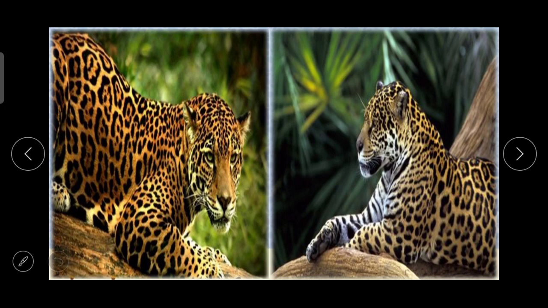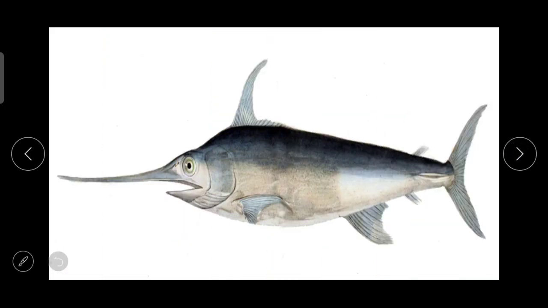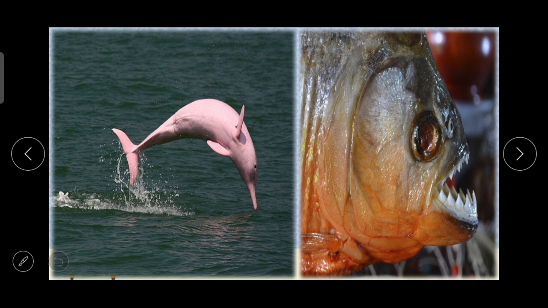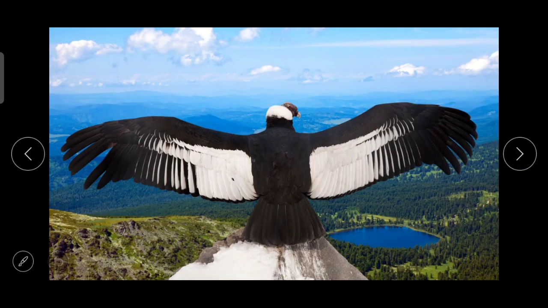Now, if we talk about the fish, then among fish varieties, mainly swordfish, as you can see on the screen, are found in the sea, while pink dolphins, this one is something new to see and to hear also, pink dolphins and piranhas are found in the rivers.